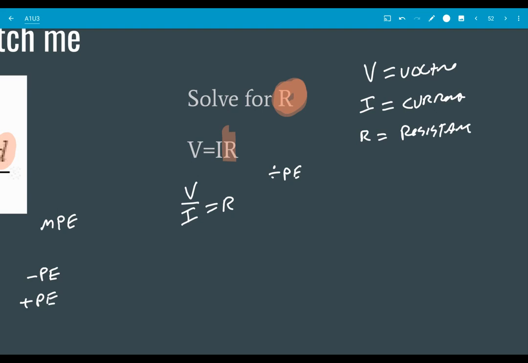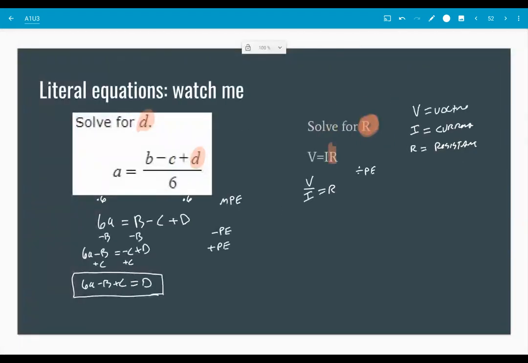If resistance decreases, current increases to keep the same voltage. It's getting a little deeper than we need to for this class, but it's an application, and in my engineering courses, I actually used V equals IR quite a bit.